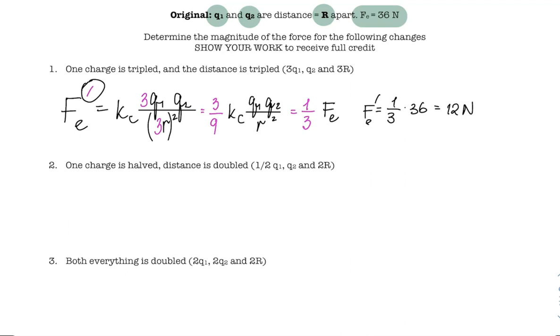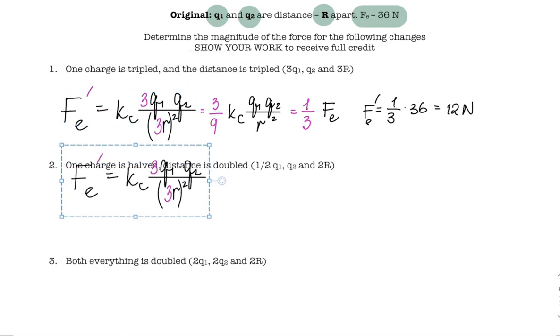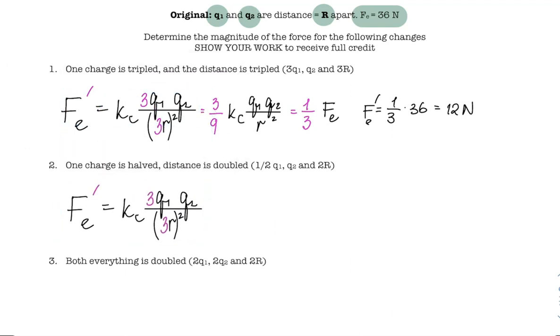The second example, again, just to save us time, I'm going to copy this and drag it. The beauty of doing it electronically, you would rewrite it. So here we go. And just to create some variety, I'm going to use a different color. So one charge is 1/2. I'm going to write it like that, meaning that that 2 is going to go downstairs eventually. And then the distance is doubled.